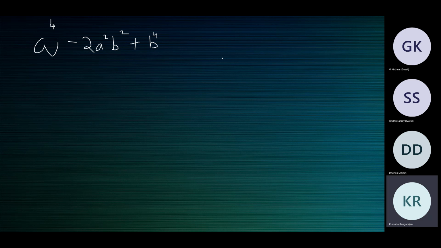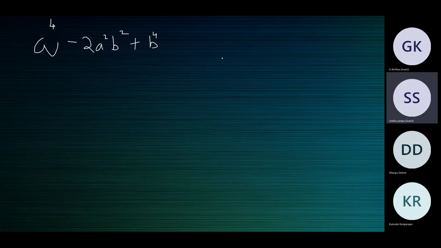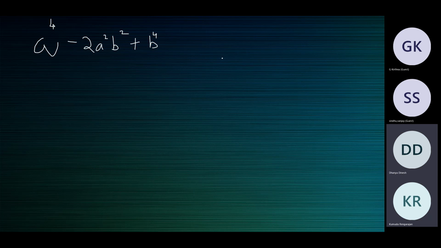How many terms does the given expression have? 3 terms, ma'am. So we cannot factorize using x square minus y square because there should be only 2 terms, 2 perfect squares separated by a minus sign. Here we have 3 terms.